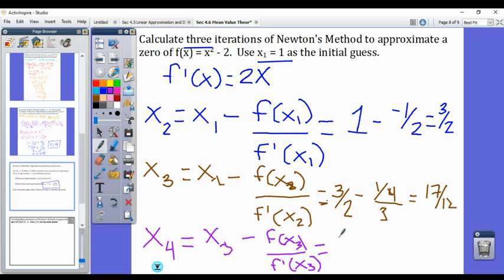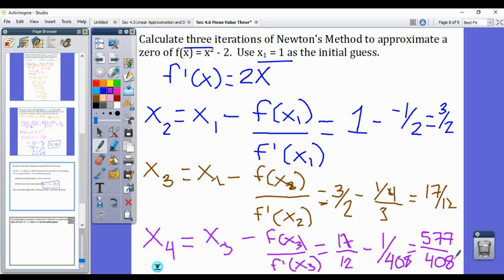Okay, so I'm going to get 17 over 12 minus 1 over 408. Got to be really careful with this, because I definitely had to plug this one in a couple of times because I made some mistakes and I tried to go too fast. And there we go. So we're done with that one.